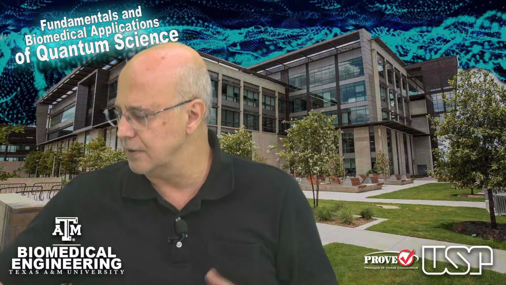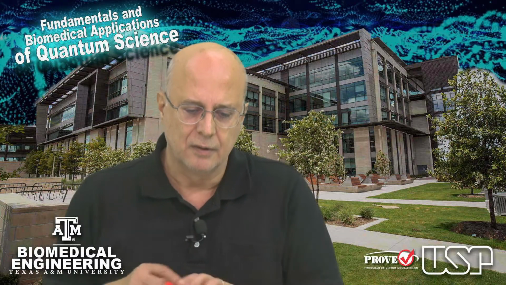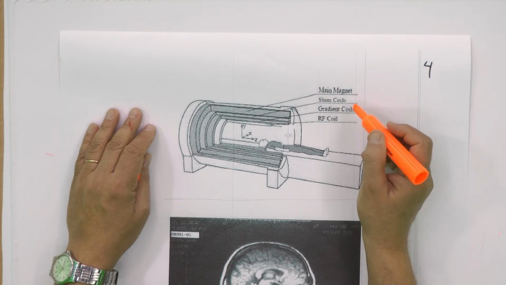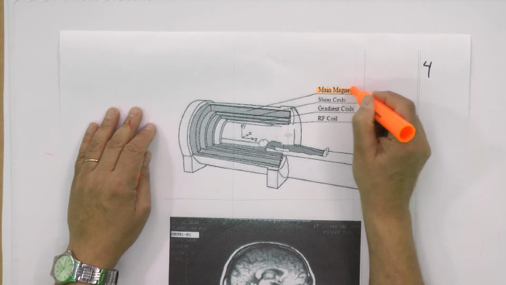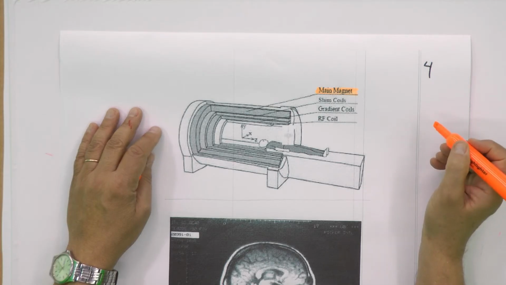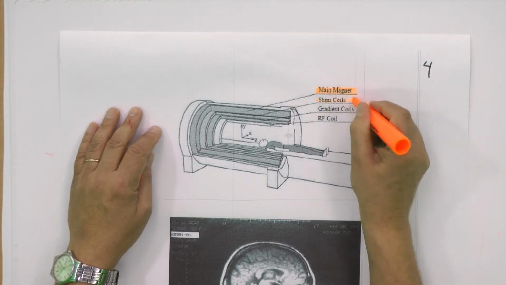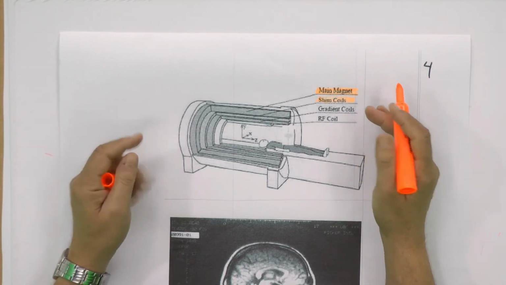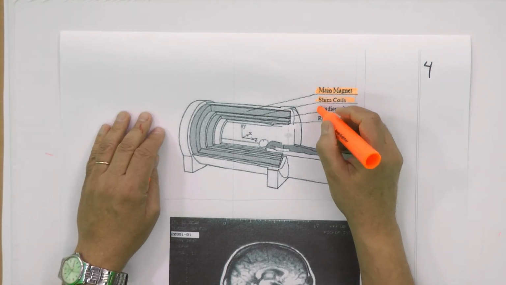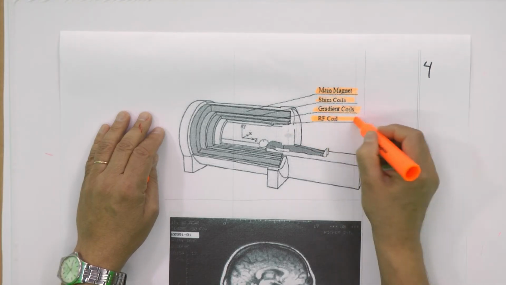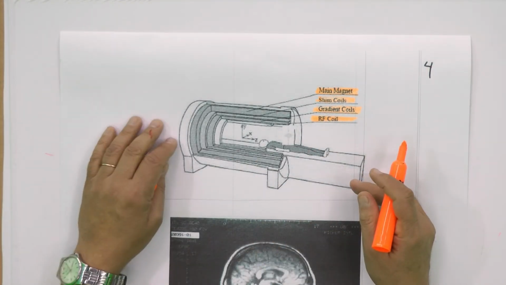And I want just to point out for you here that the machine normally has the main magnet, which is the magnet that produces the big field. And then we have shim coils to equilibrate, to really know the field well inside. We have the gradient coils, and then we have the radio frequency coils, the ones that illuminate.